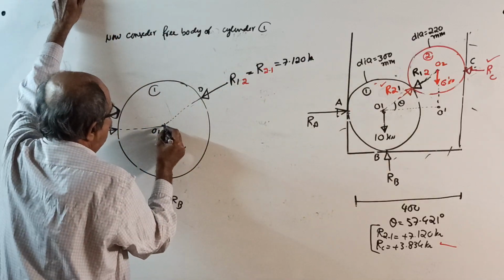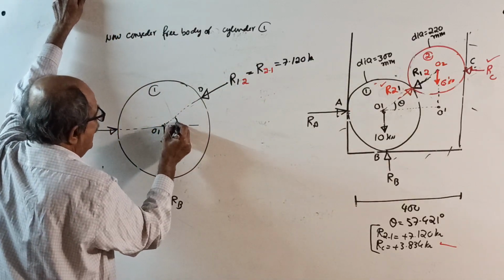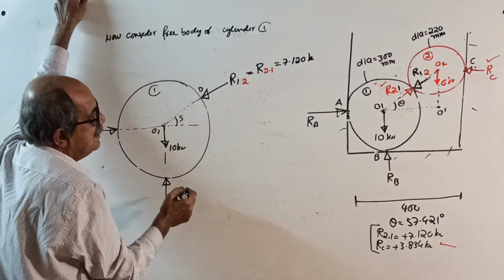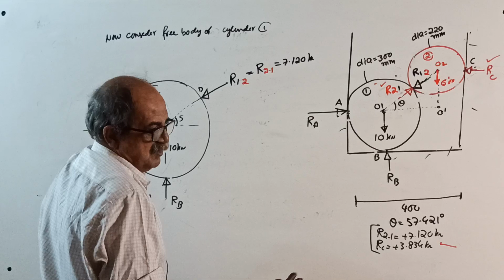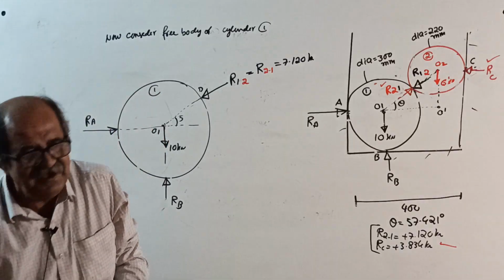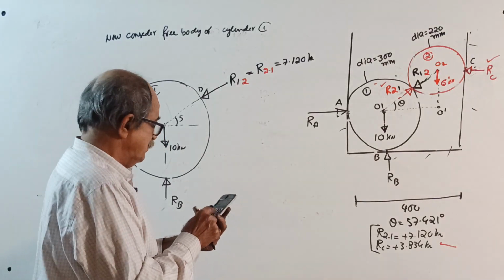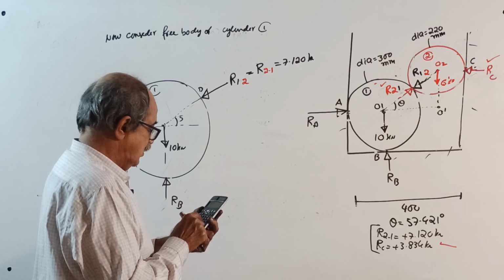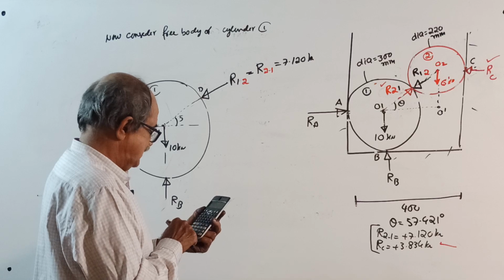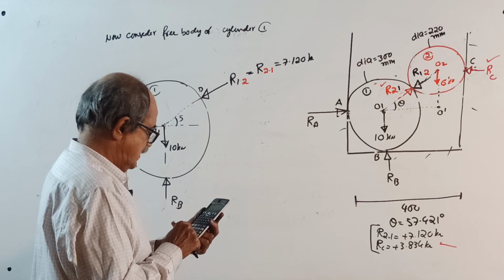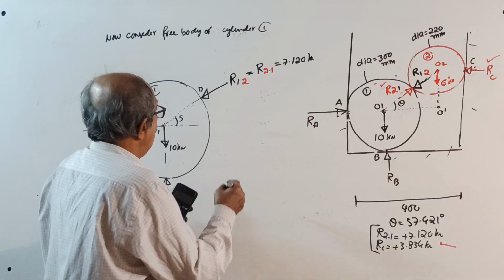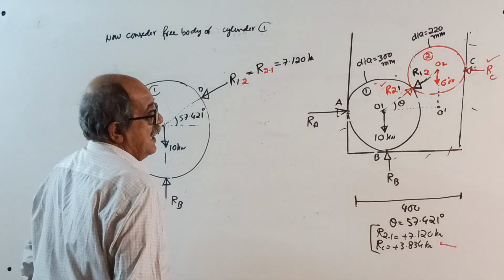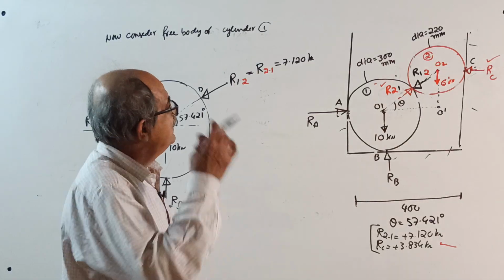Now for that one, where is the angle? See, again forgetting the angle. What is this first of all? 140 divided by 260, shift cos inverse, answer 57.421 degrees. Habit usually tan inverse, but it's a cos inverse.